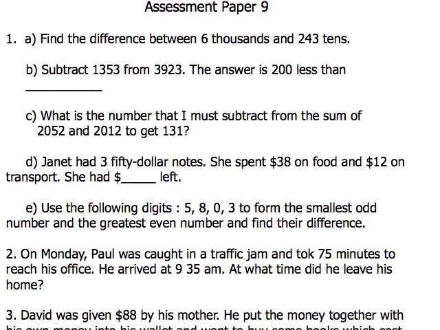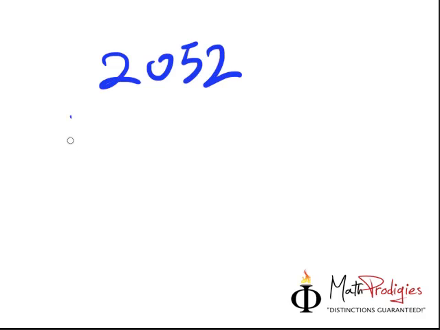Okay, now we'll move on to part C. Part C says, what is the number that I must subtract from the sum of 2052 and 2012 to get 131? So first off, we plus it together to find the sum. 2052 plus 2012.